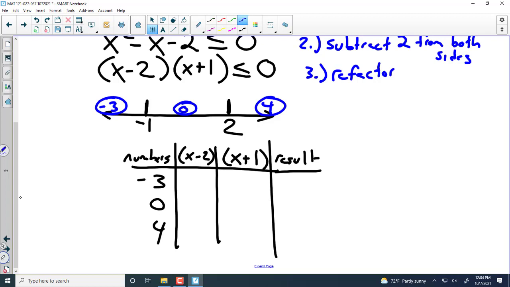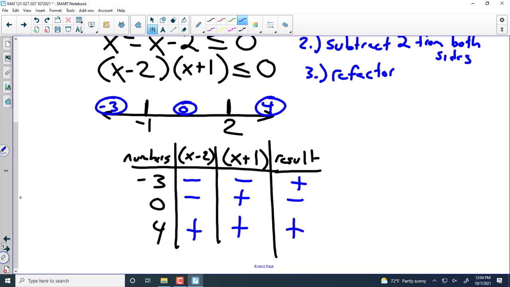What's -3 minus 2? Positive or negative? Negative. What's -3 plus 1? Negative. What's a negative times a negative? Positive. You put 0 in there. 0 minus 2, negative. 0 plus 1, positive. Negative times a positive, negative. 4 minus 2, 4 plus 1, both positive.